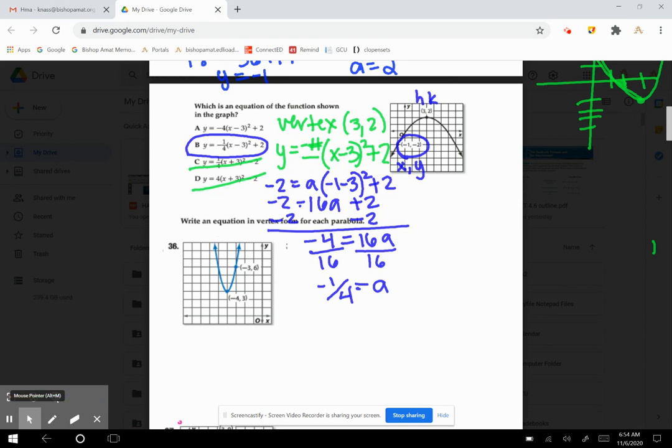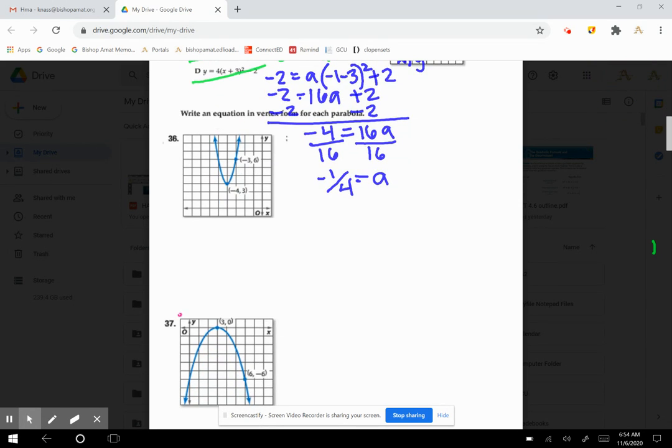All right, let's look at the next problem. Kind of the same idea. So here they want you to find the equation. In order to find the equation, we first need your vertex. So here's your vertex. So y equals, we don't know a, x minus negative 4, which is plus 4, squared plus 3. In order to figure out what a is, because we don't know it, we now need to use that other point of negative 3, 6.